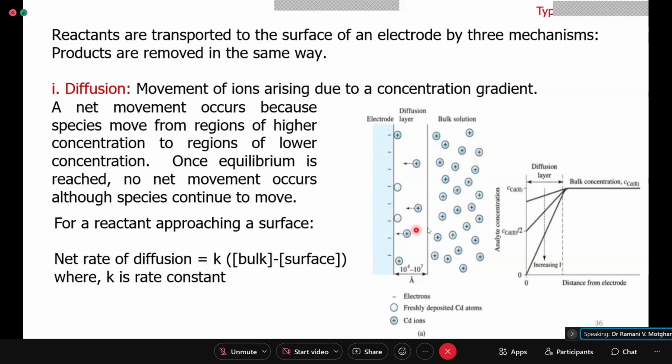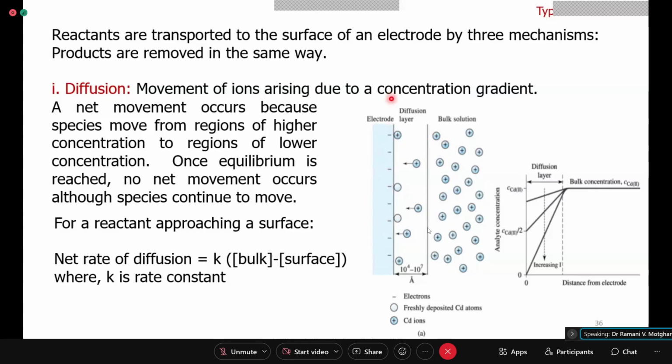In the nanometer or angstrom range shown here, you will find that only negative ions remain. The electrode is also negatively charged. So the electrode gets polarized because there are all negative ions around it. The positive ions from the bulk should migrate due to the concentration gradient, but that process of mass transfer, or ion transfer, is a little bit slower.